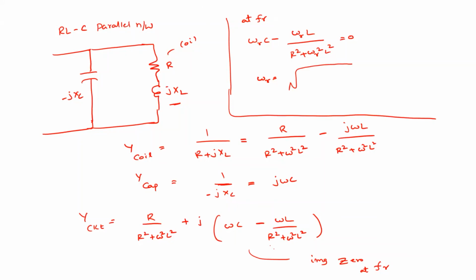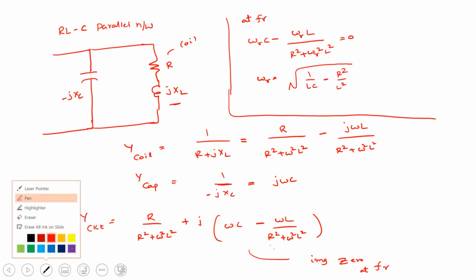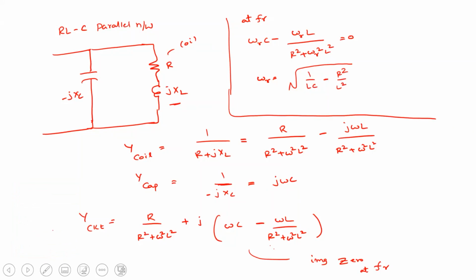That is correct, but if you rearrange this one, it will be something like 1 by root of 1 by LC minus R square by L square. Check it once. If you rearrange this one, you'll get something like this. Got this one? Yes, sir.